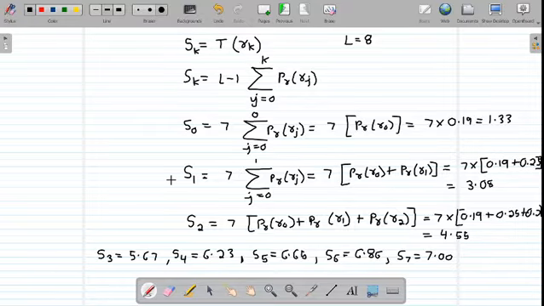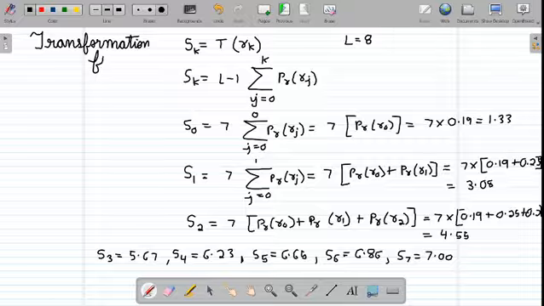This is nothing but a transformation function. Now let us plot RK versus SK, which is the transformation function.